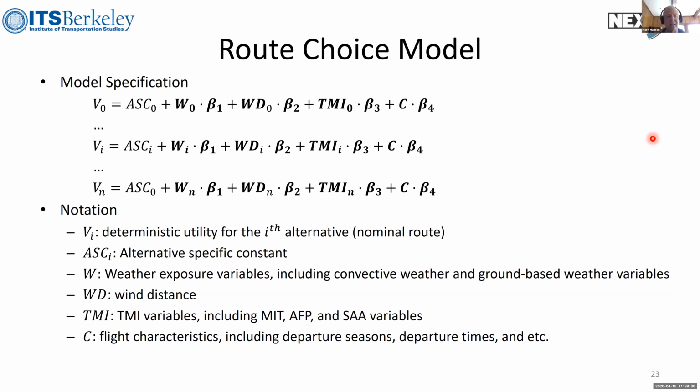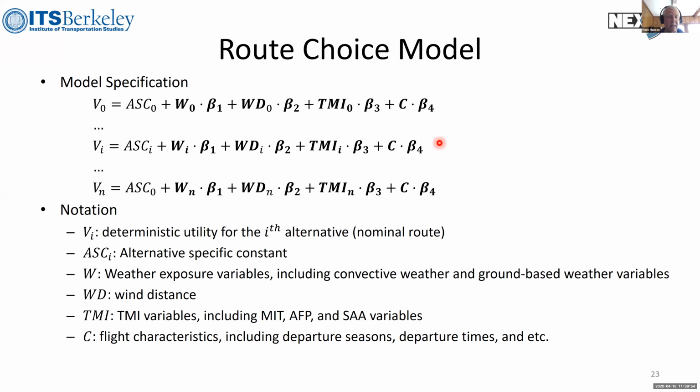So we basically assign each of those routes a particular utility, which we estimate the coefficients of, and basically there's a coefficient associated with each of those features.